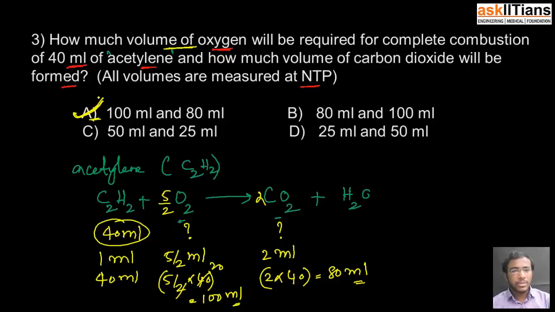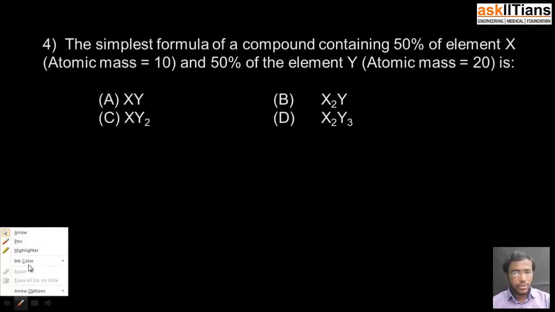So this is going to be the answer. Just don't be in a hurry even after solving the question when ticking the correct option. Be sure about the order in which they are asked. So this is question number 3. Next, let's move to question number 4.